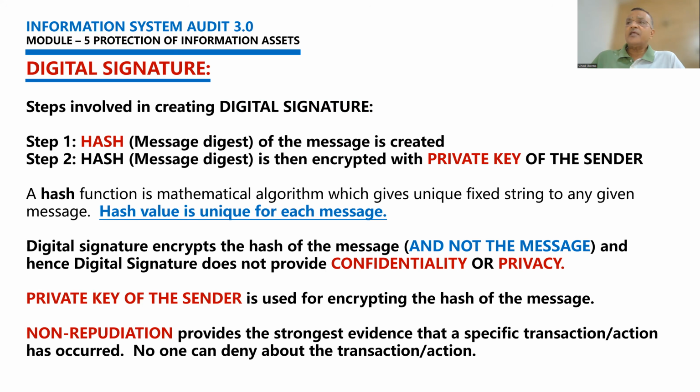When I say private key of the sender, this generates the authentication of the sender, that is, who the sender is, because only the sender has the private key which he is using for signing the document digitally. Non-repudiation provides the strongest evidence that a specific transaction or action has occurred, and no one can deny those transactions.